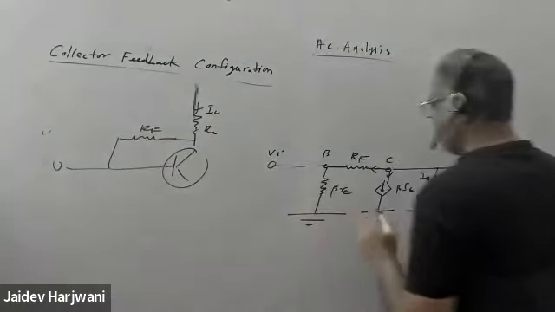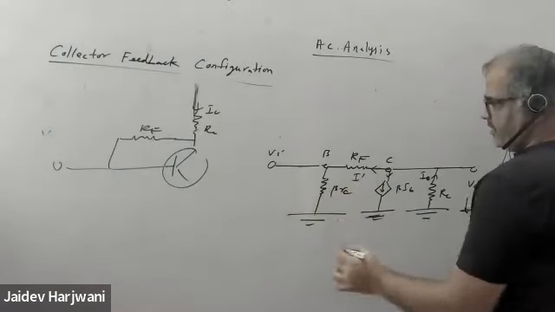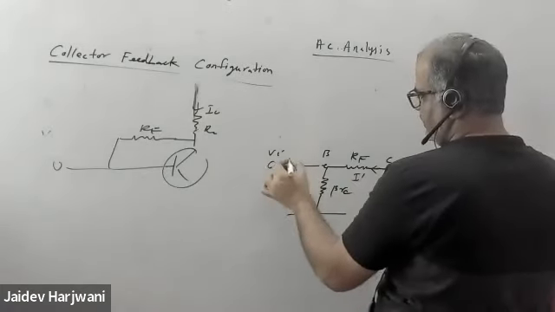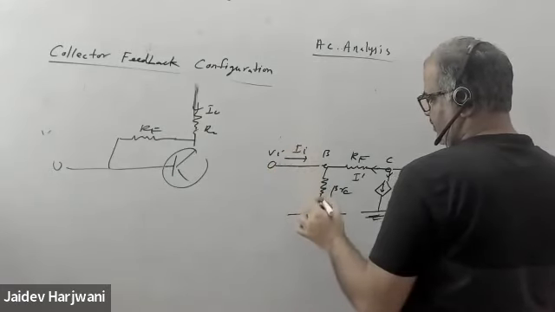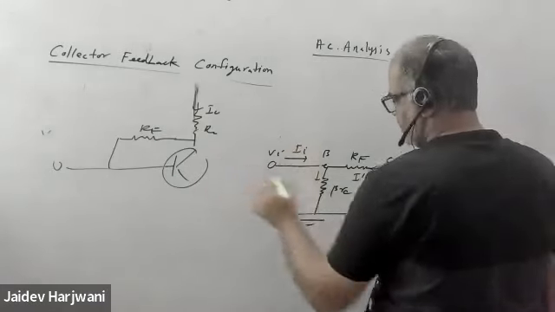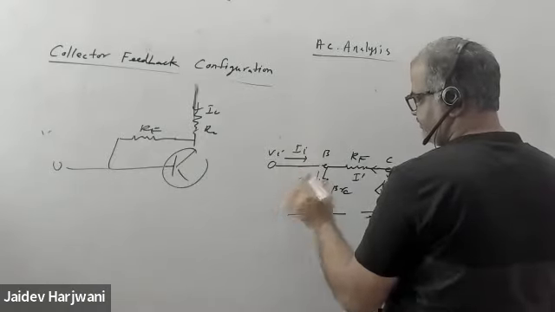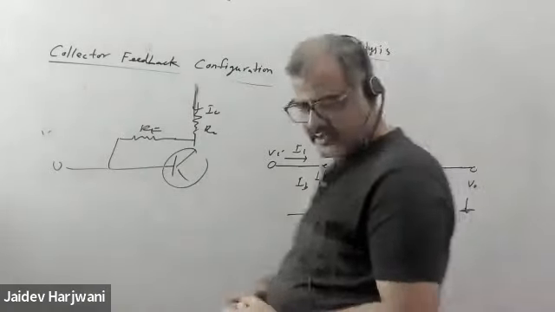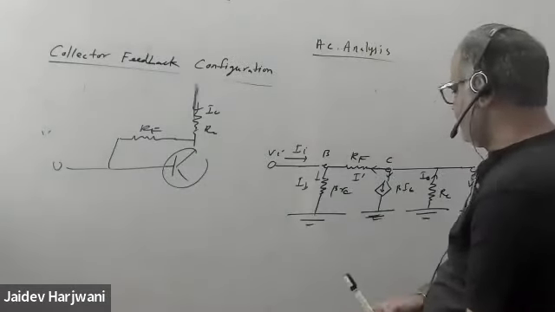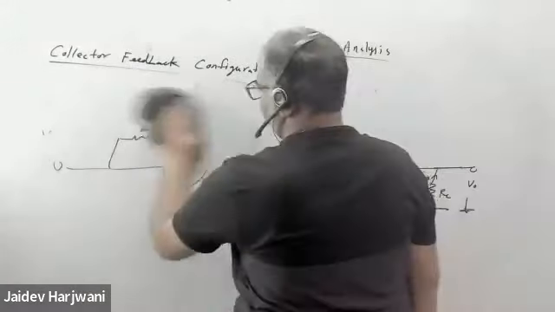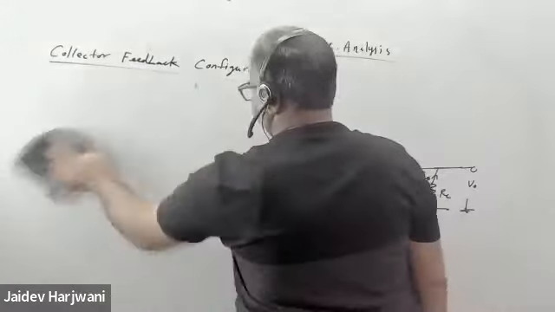It is a negligible current, but still let this current be I dash, and the V source input is giving me the input current I. And here we know the current which flows is IB. So now I have represented the currents. You can now solve for this.